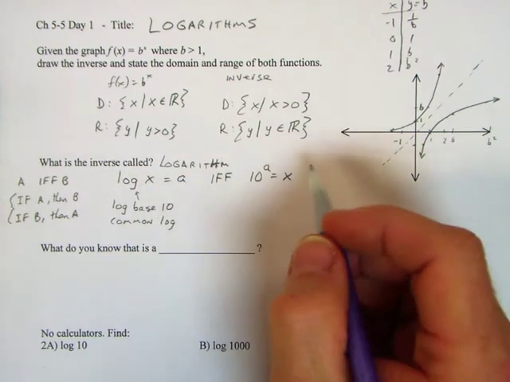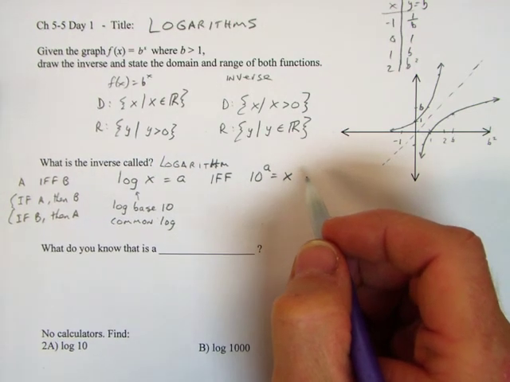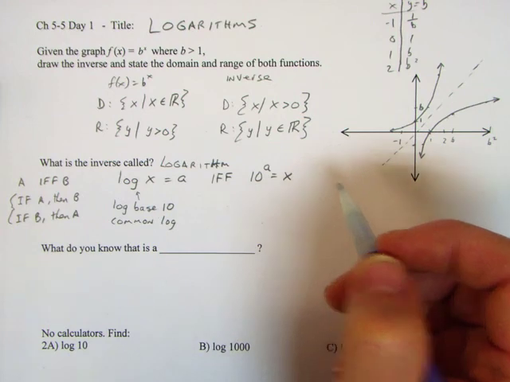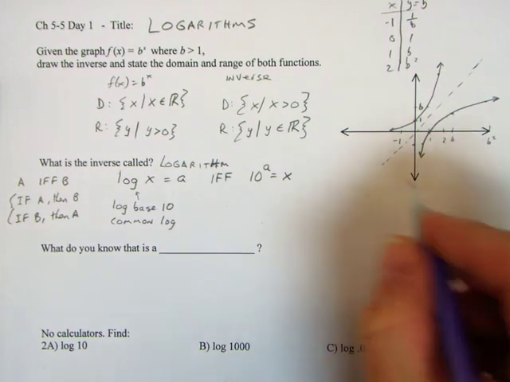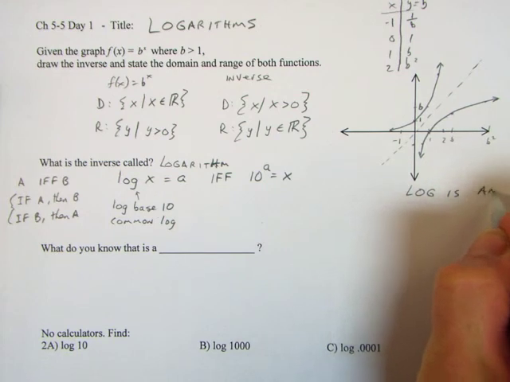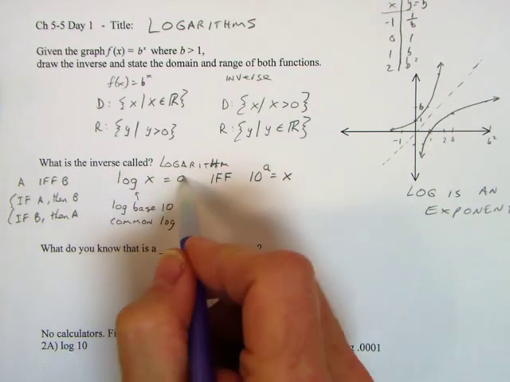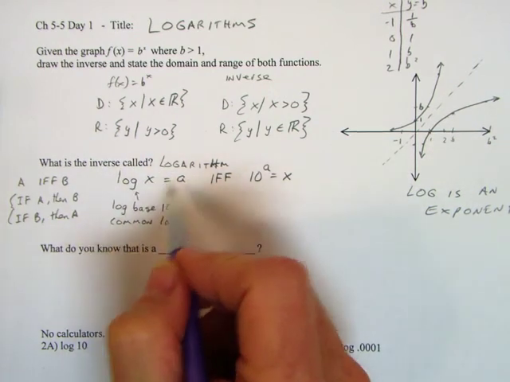Now, what is a log? A log is an exponent. Let's write this. A log is an exponent. So when I have this thing and it says this log equals a, that's telling me the exponent is a.